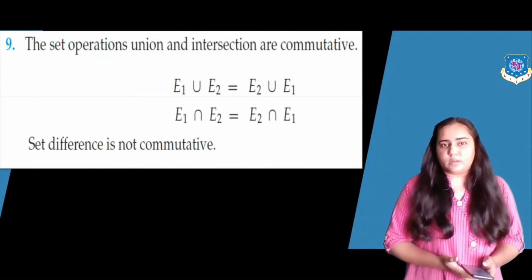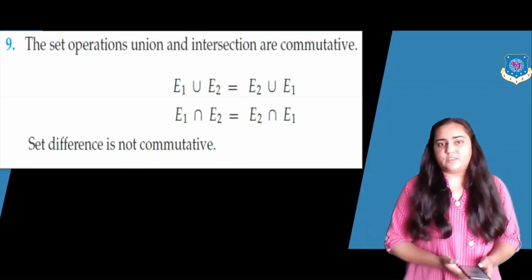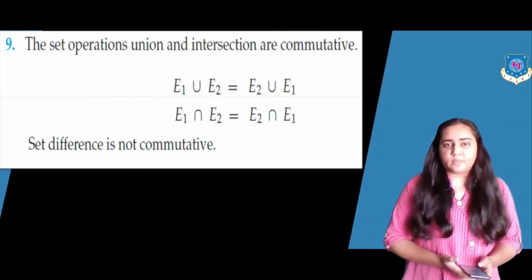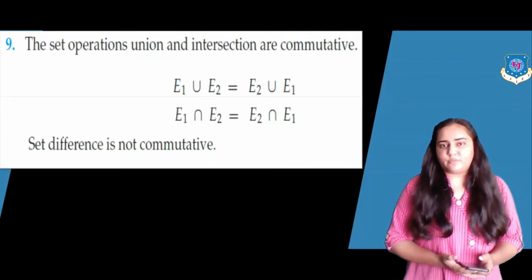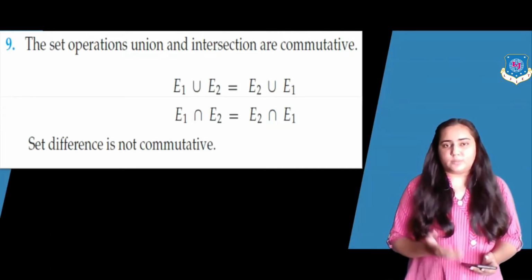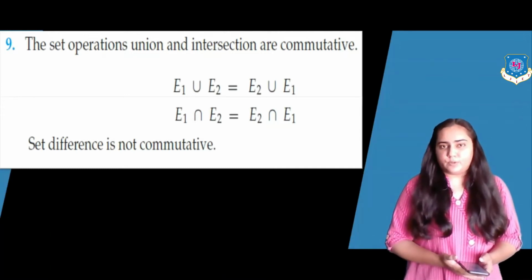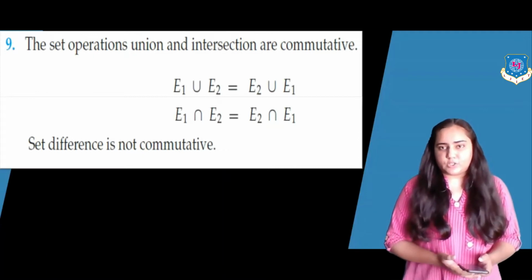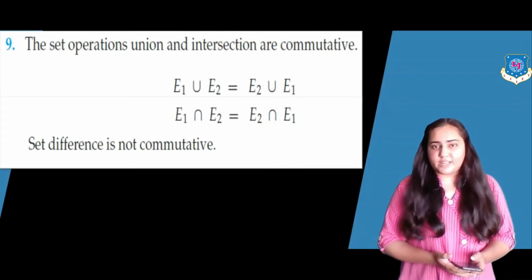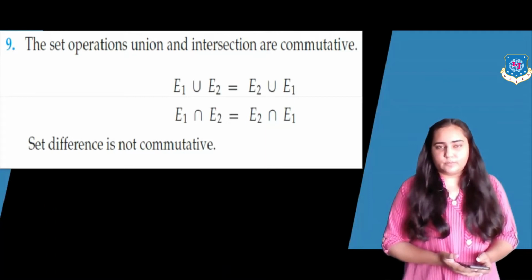But remember and note that set difference is not commutative. Even in any type of mathematics you study, subtraction is never commutative. So only union and intersection are commutative, but set difference is not commutative.